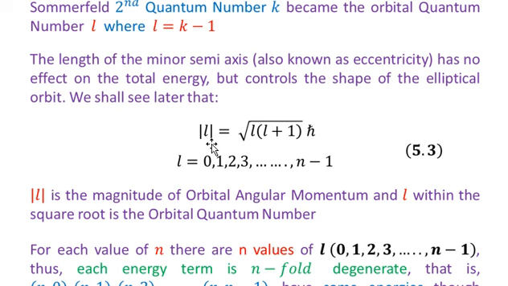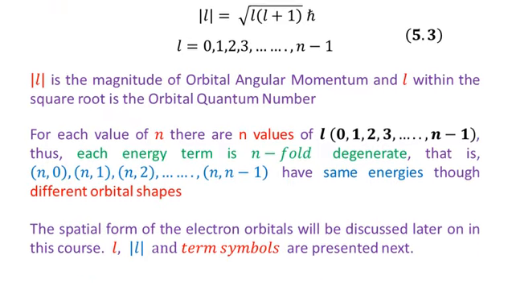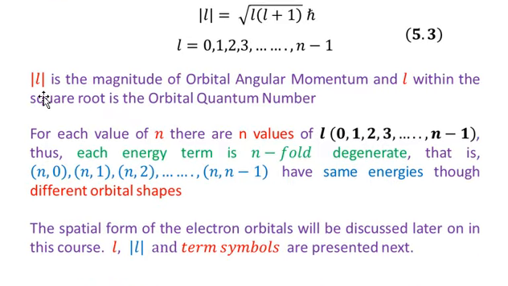That is, the mod of small l represents the absolute value of the orbital angular momentum of the atom, and the l on the right hand side represents the quantum number when only a single electron is involved. The mod of l is the magnitude of the orbital angular momentum, and l within the square root is the orbital quantum number.